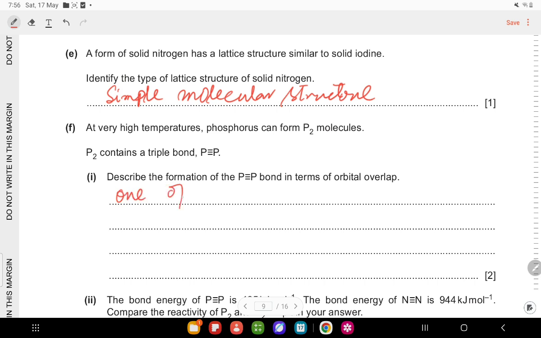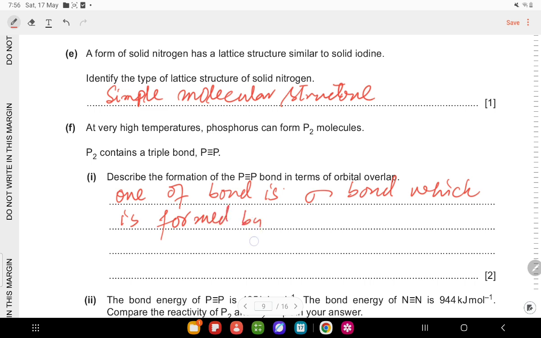One of the bonds is a sigma bond, which is formed by linear overlap of p orbitals.